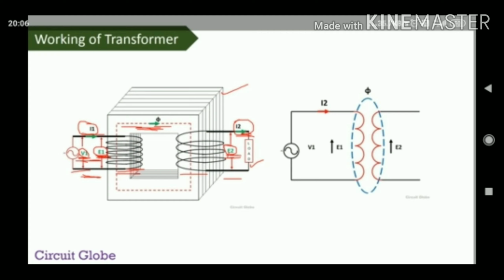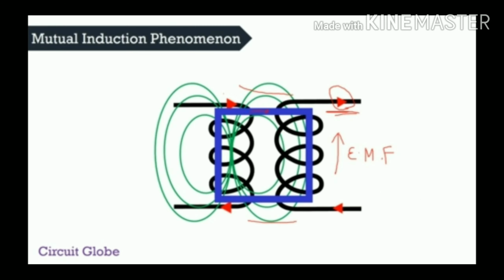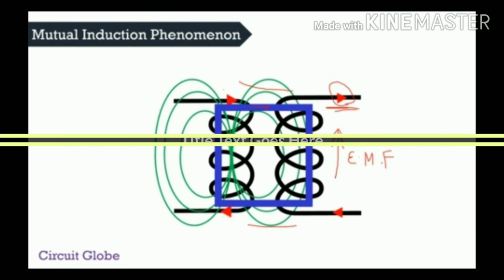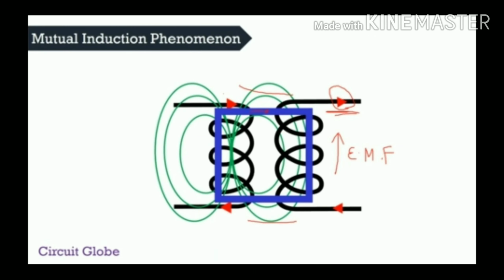Then this EMF produces a flux, and this flux links with the secondary coil, and the current flows to the load of the secondary coil, and an EMF is generated. The core is made of steel because the reluctance of steel is very low.